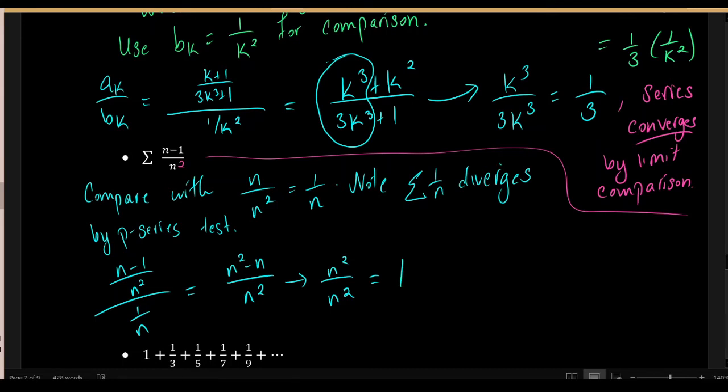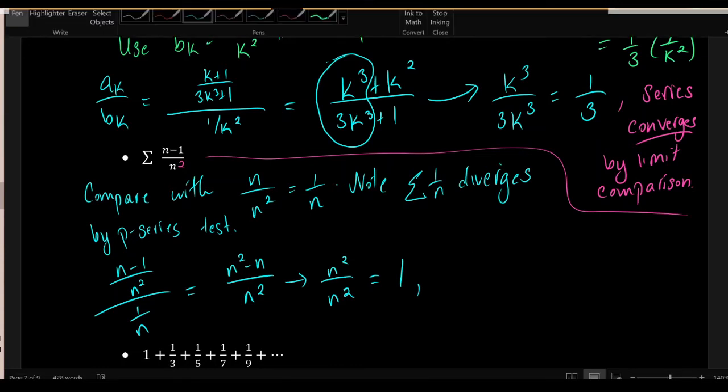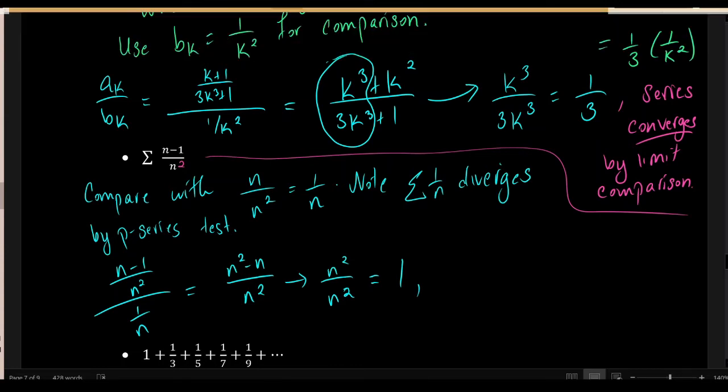Once again, we have achieved a non-zero finite number for the limit. By limit comparison, the original series must have exactly the same behavior as the harmonic series, which means that the original series in our problem must also diverge.